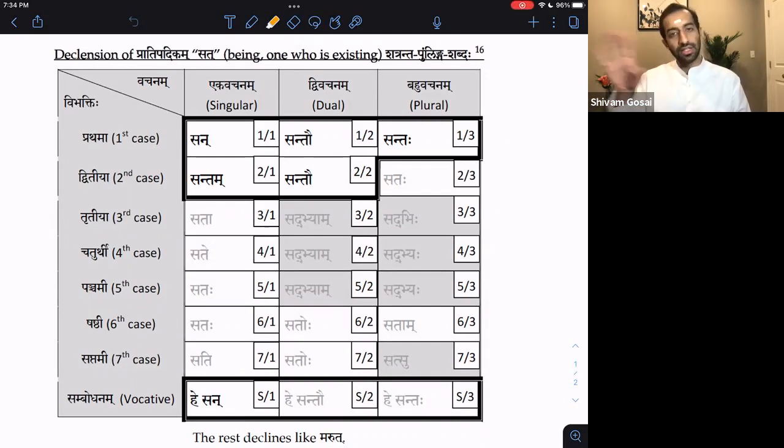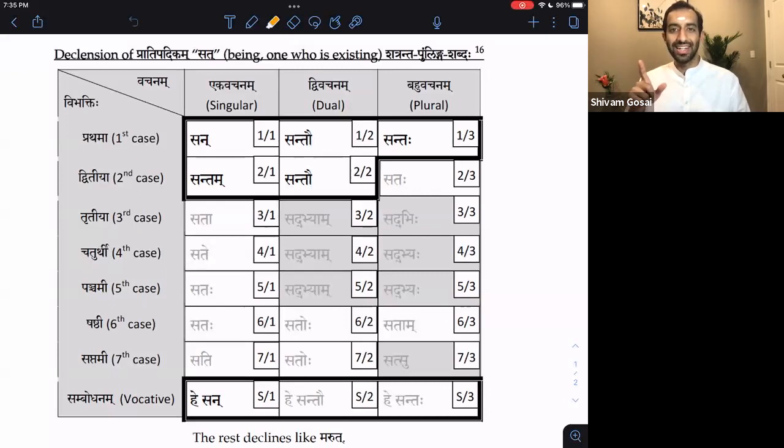One thing is a little bit different: because it becomes a conjunct consonant, the takara goes away, right? So we get san, santau, santaha, santam, santau, and then now we're outside of the Sarvanamasthana, so no more nakara, right? So sataha. We're just adding the suffix. Then in this pada section, ta becomes dakara, jashtva sandhi, right? So sadbhyam, sadbhihi.